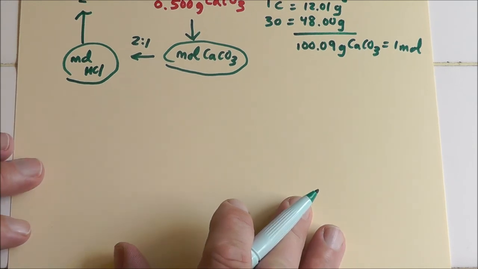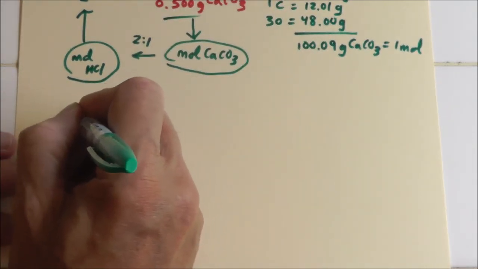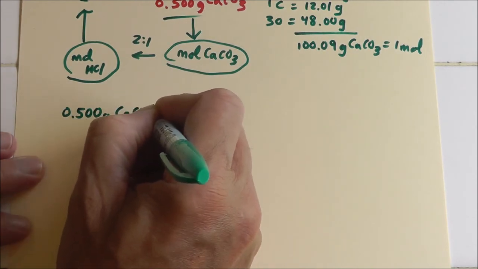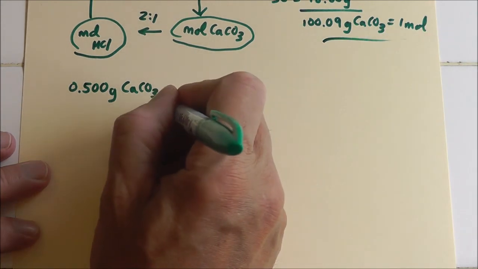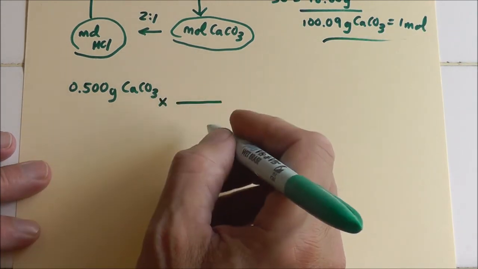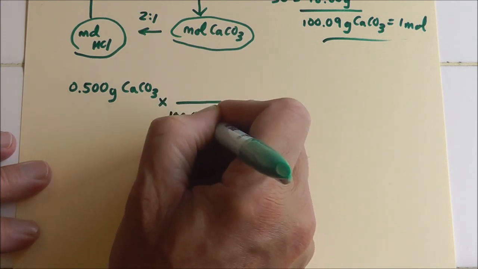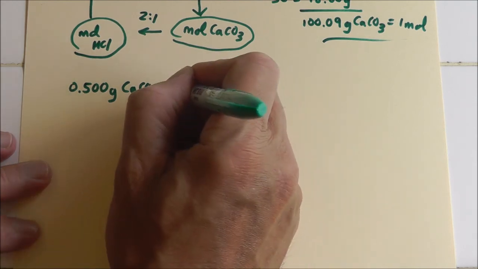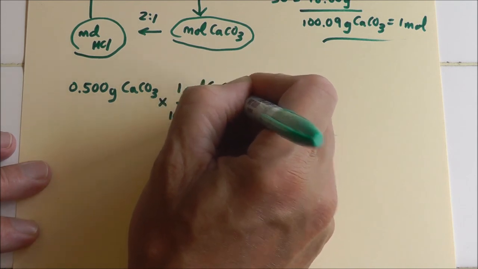I'm going to start with 0.500 grams calcium carbonate. We're going to use our conversion factor, making sure that the units cancel, the ones that are supposed to cancel: 100.09 grams calcium carbonate per 1 mole calcium carbonate.